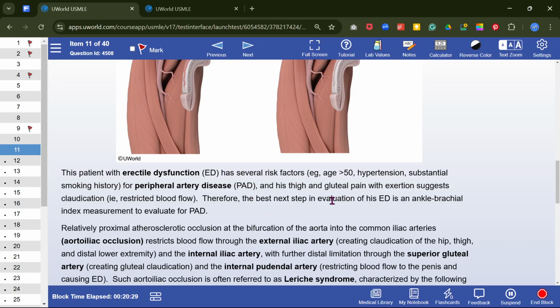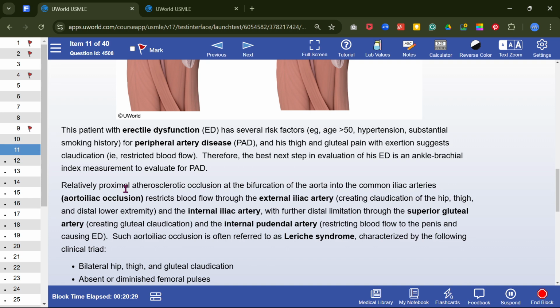Therefore, the best next step in evaluation of his erectile dysfunction is ankle brachial index measurement to evaluate for peripheral arterial disease.